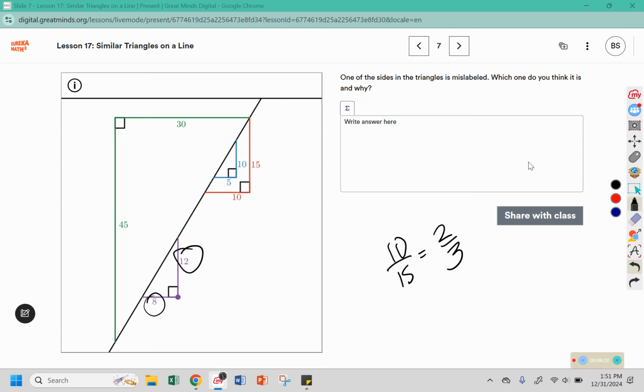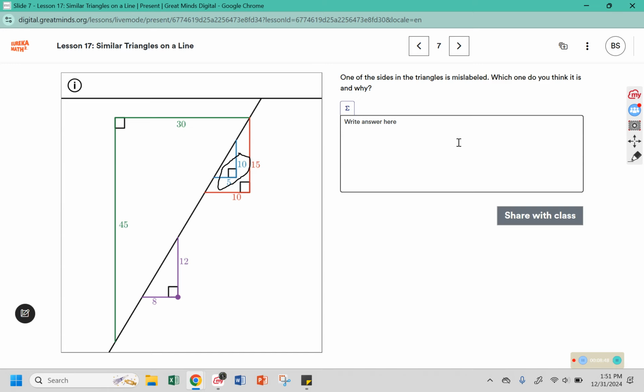So it is the blue sides that are mislabeled. This looks approximately half the size of this 10, so half of 15 should be 7.5.